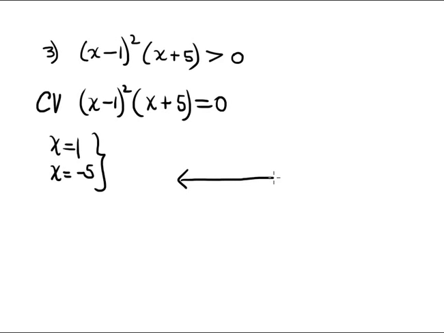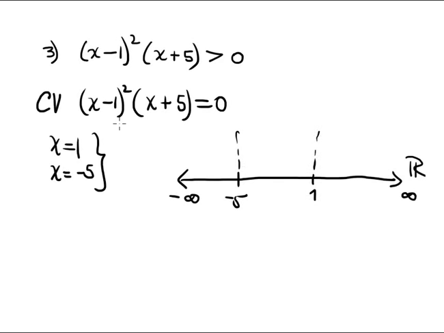Let's do the partition. Our real number, infinity, negative infinity. Negative 5 here, and 1 here. The testing points are maybe negative 6, 0, and 2. Let's do it in the chart.